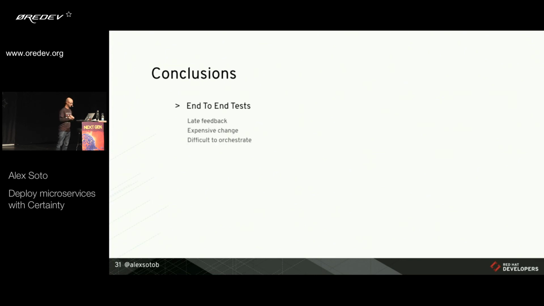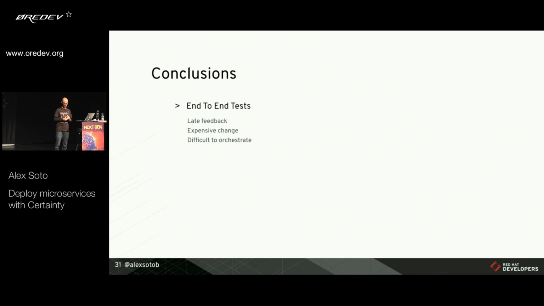As a conclusion, in microservice architecture, avoid end-to-end tests. You're going to receive late feedback because you execute them at the end of the deployment pipeline, and this means that probably you'll already have started another task. They're really expensive to change.